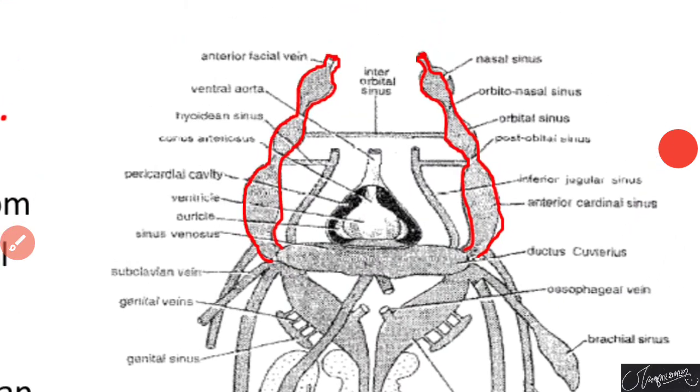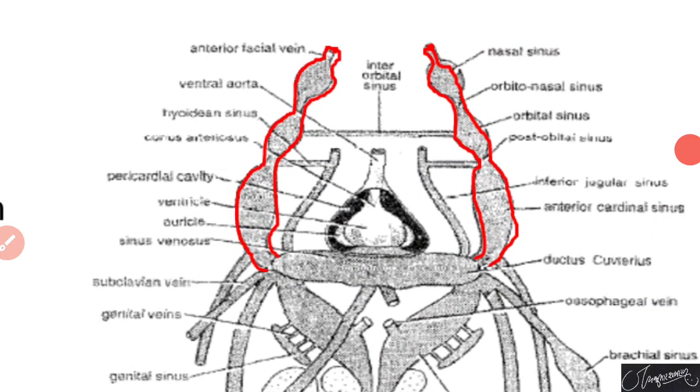In this diagram, from the anterior side we can find many sinuses like the anterior facial vein or anterior facial sinus. Then behind that, as we go towards the posterior side, we find another sinus called the nasal sinus. This nasal sinus is also called the olfactory sinus, which has a connection with the olfactory sac.